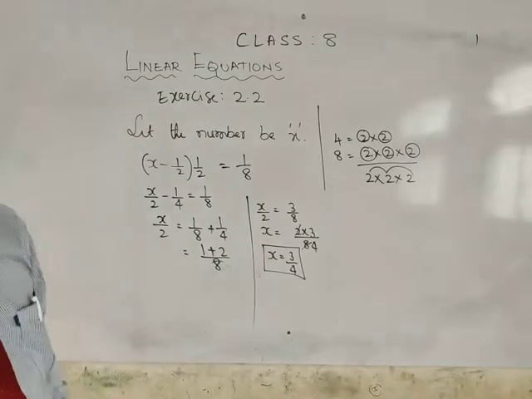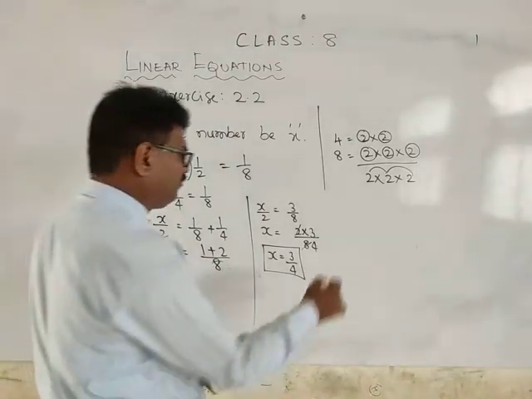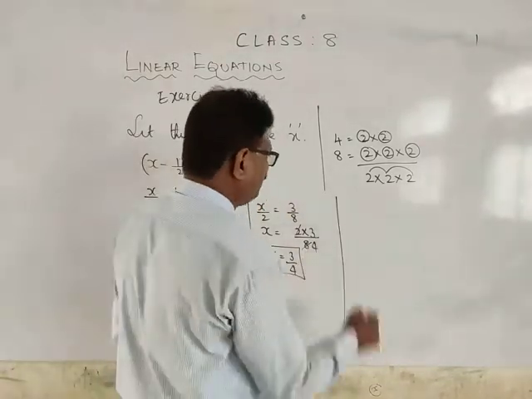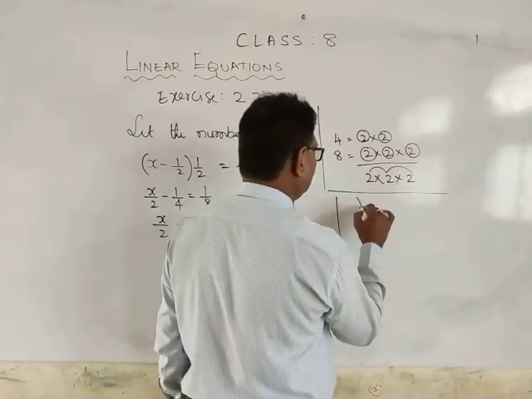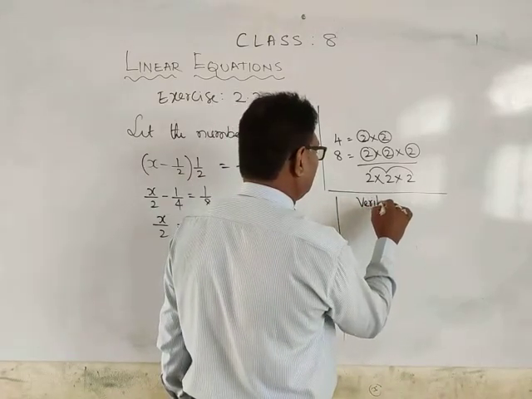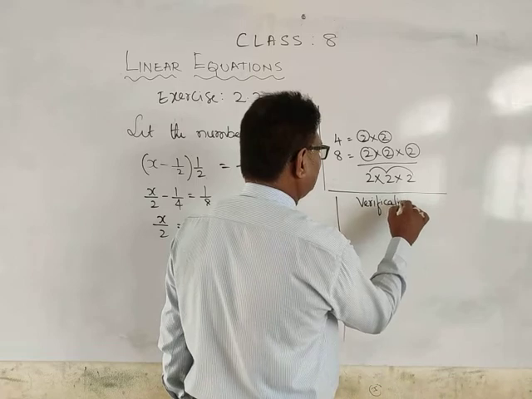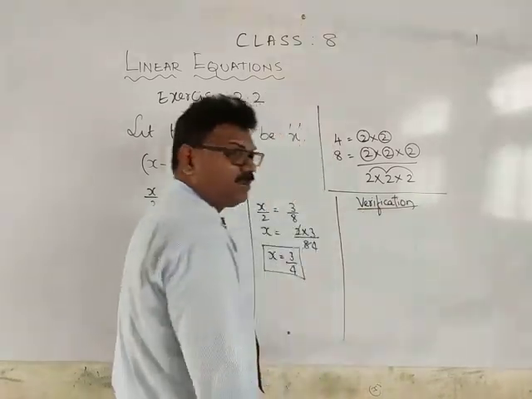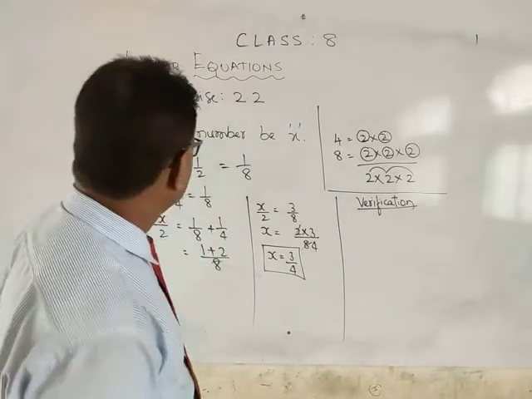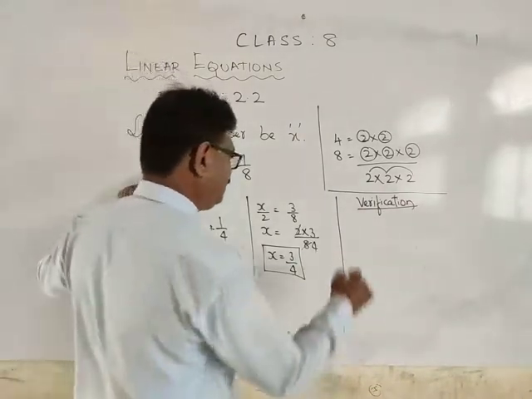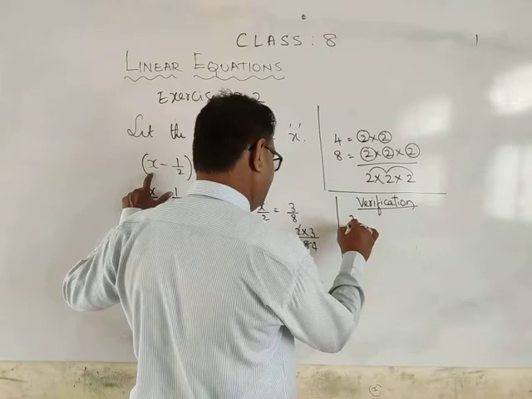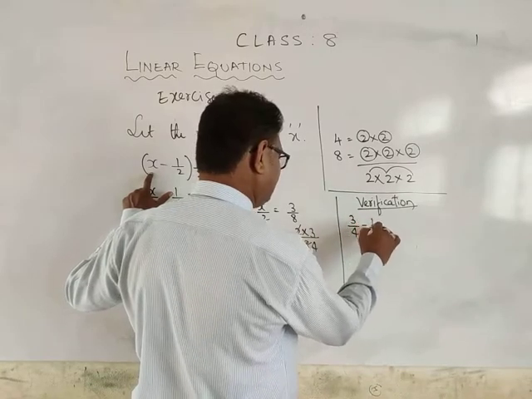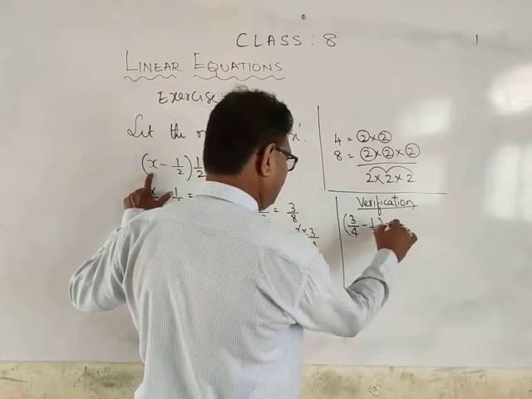Sir, whether it is correct or not, how to verify ourselves? So very, very simple. I will show the verification here. This you can do or you can't, there is no problem. Just for your sake only. Now take LHS. x is nothing but 3 by 4 minus half into half.